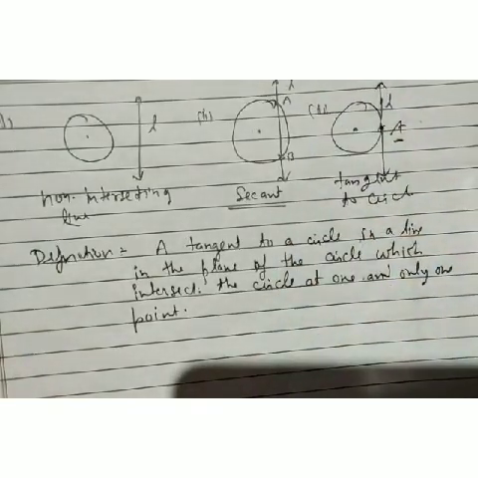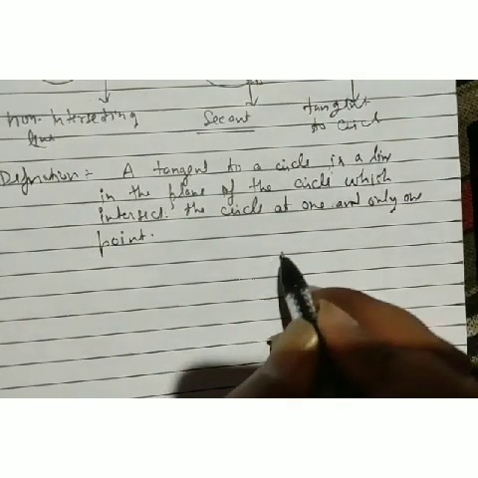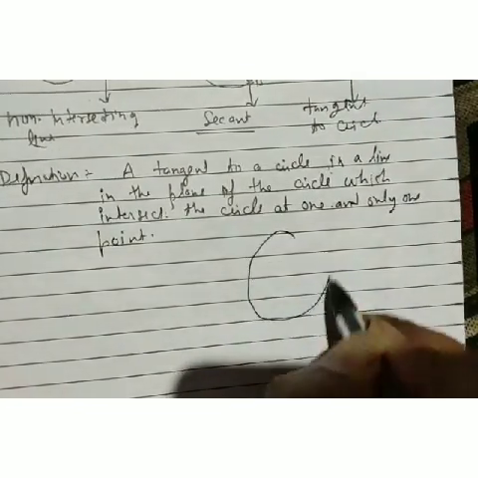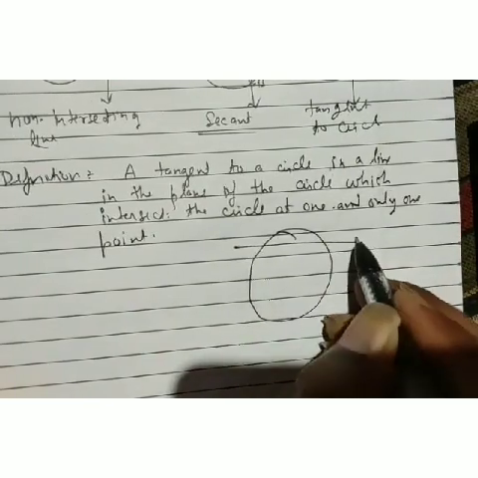Now this is our definition of tangent, and you have to be clear about it. Suppose we have one circle, and we have taken some problem there.